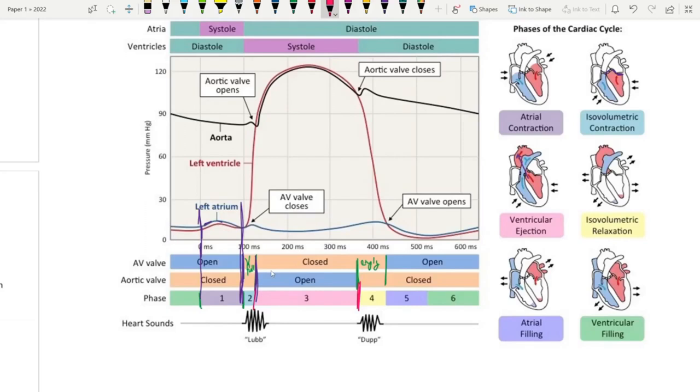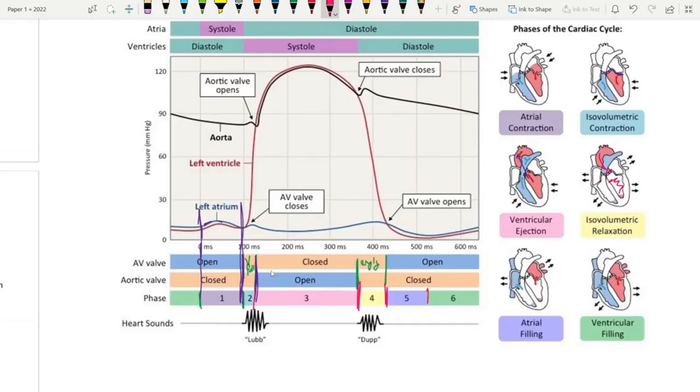After ejection, when the pressure falls slowly, then to prevent backflow, the aortic valve closes again. This is called isovolumetric relaxation. That's stage 4. And here the ventricle is basically empty, right? It doesn't have anything.